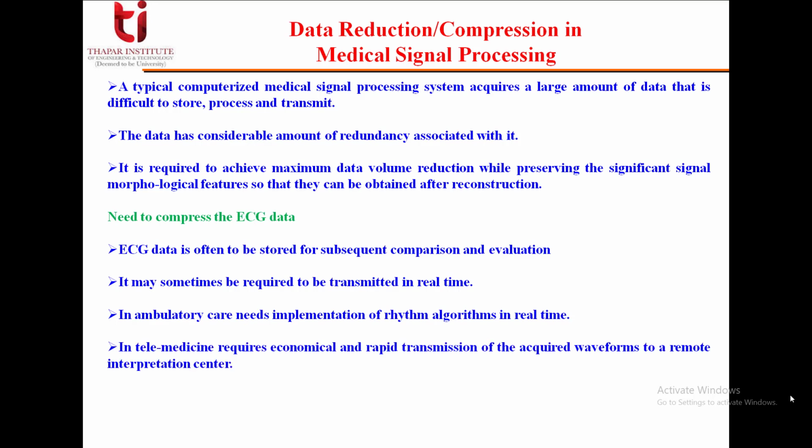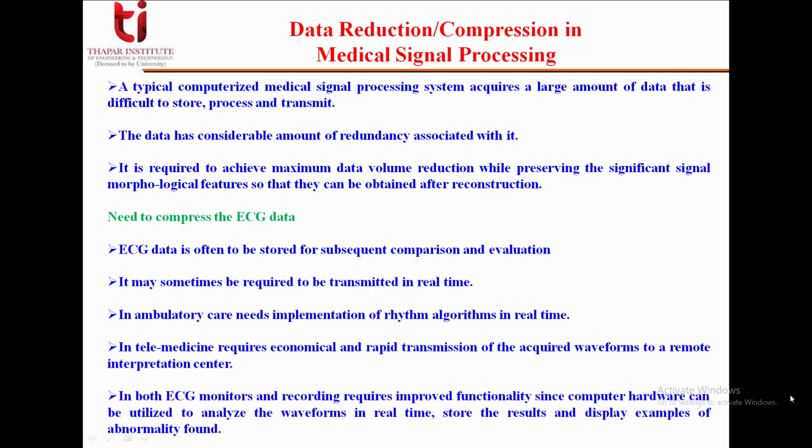Telemedicine requires economical and rapid transmission of the acquired waveform to a remote interpretation center. In both ECG monitors and recording, improved functionality is required since computer hardware can be utilized to analyze the waveform in real time, store the results, and further display examples if any abnormality is found.